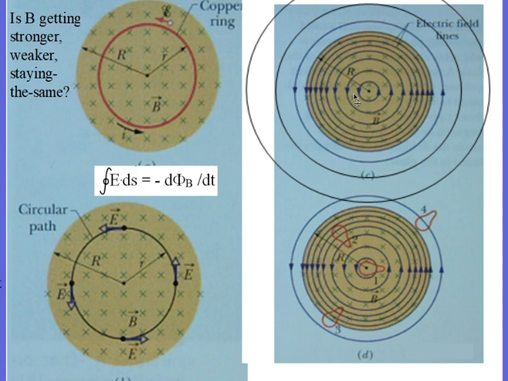Now, as we increase the R here inside of here, the area is going to get bigger as the square of R, and so the flux is going to get bigger as the square of R, and I think the rate of change in flux is going to get bigger as the square of R. So you would think that the field would get bigger as the square of R, but it's field dot ds.